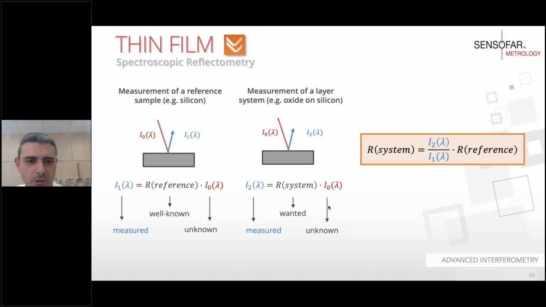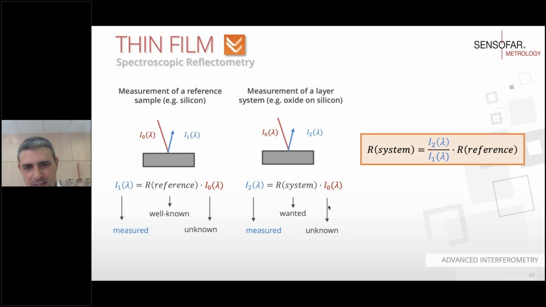So now let's put in the sample we want to measure, say something like silicon oxide on top of silicon. Again, I0 will be the same, and we now know how it looks because we did a calibration before. Now we measure I2. So the reflectivity, which is the thing we want, will equal I2 divided by I1, multiplied by the reflectivity of my reference material.